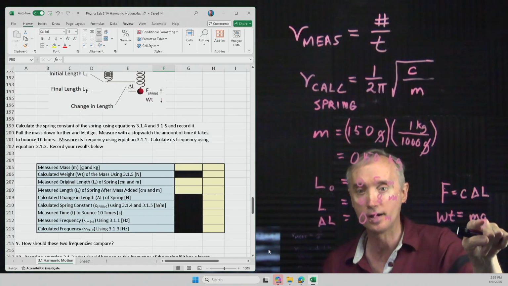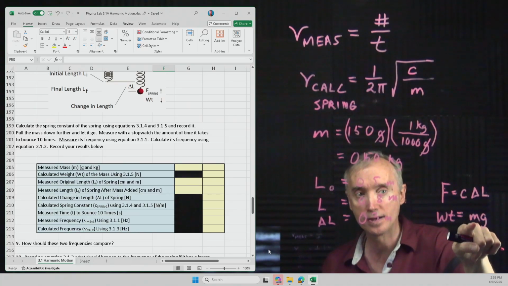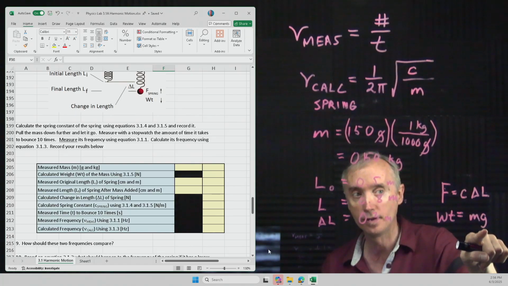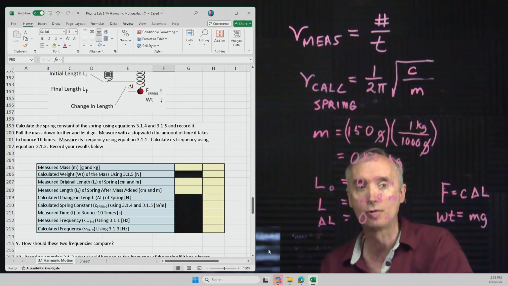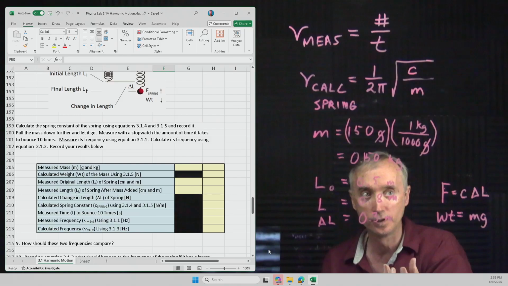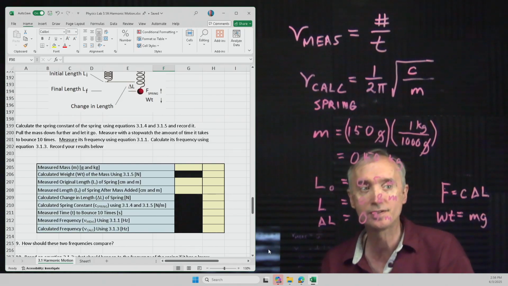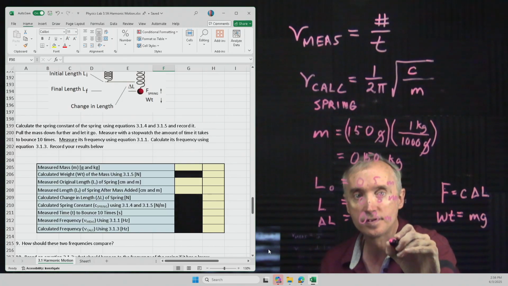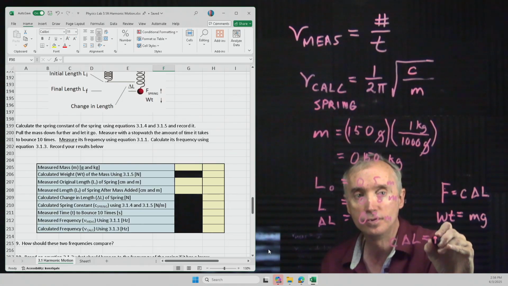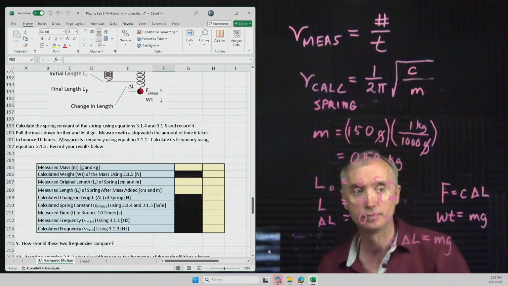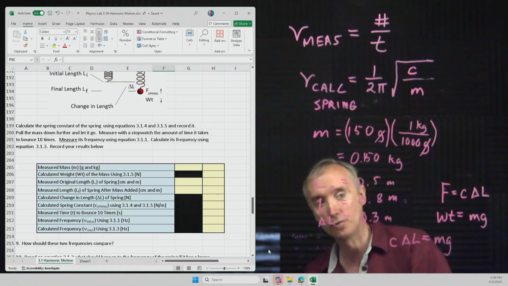It's not grams, so this doesn't stand for milligrams. That's the force that's pulling down, and this is the force that's pulling up. So we set them equal to each other. Therefore, we end up with C delta L equal to mg. Okay, so there's our formula.